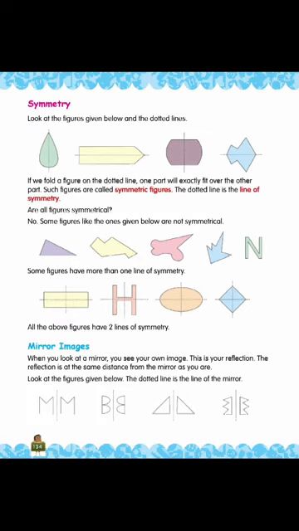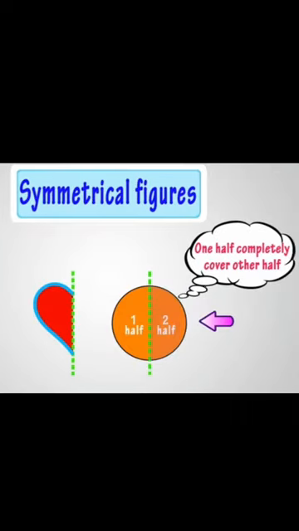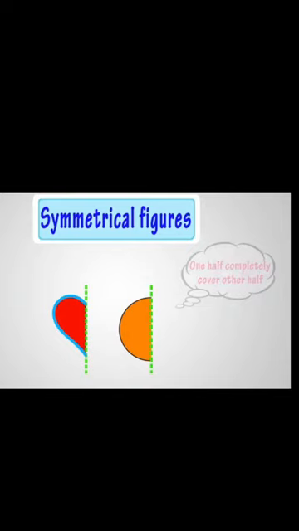So that means when you fold one part of the figure along this line over the other, it exactly fits. So these figures are called symmetrical figures when one half completely covers the other half. And this line along which we are folding it is called the line of symmetry.